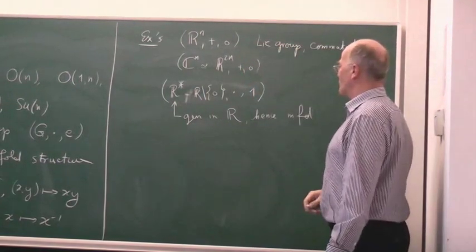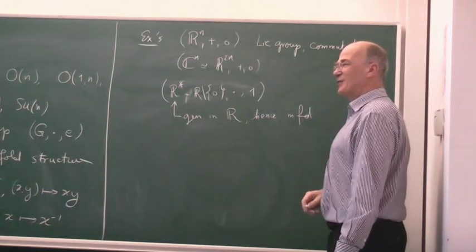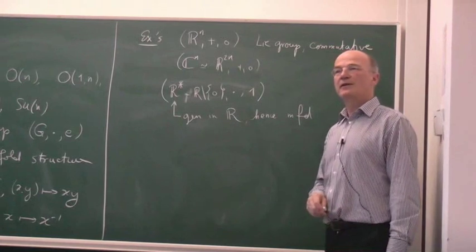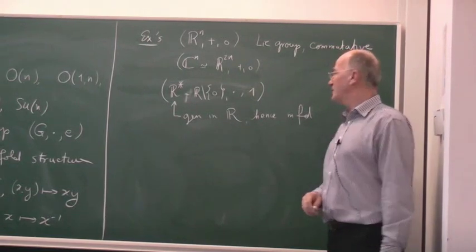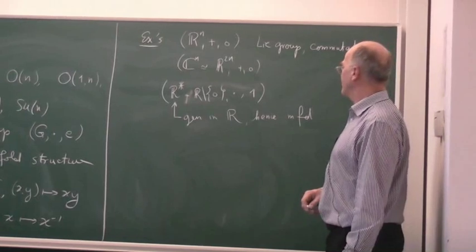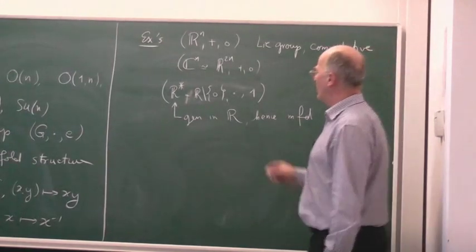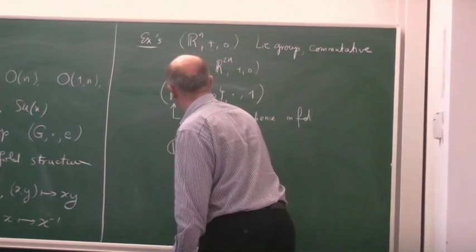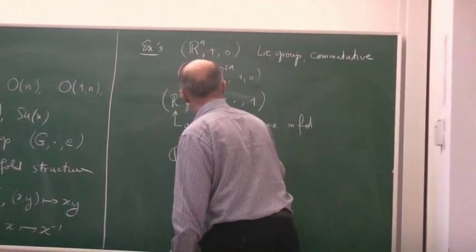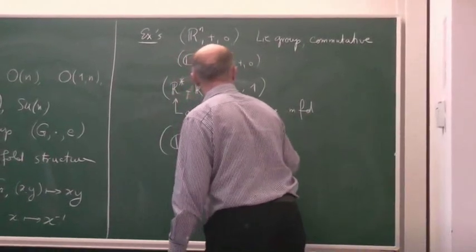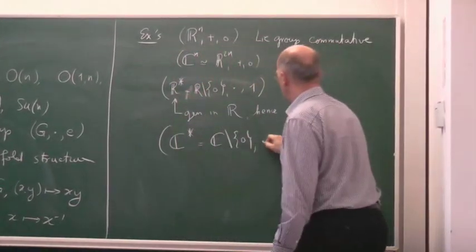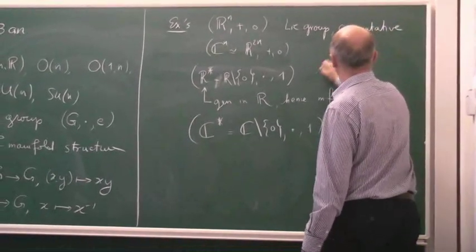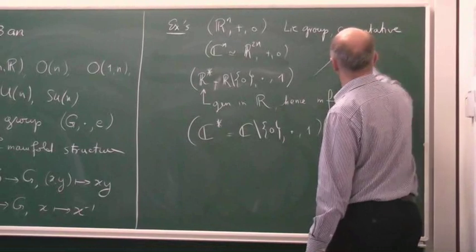And it is of course completely clear that the group operation, multiplication, is differentiable of infinite order. So clearly this is a Lie group. Similar example, C star is C without the 0 element. Multiplication and 1 is an example of a Lie group, and these two are commutative as well. So these are all commutative Lie groups.